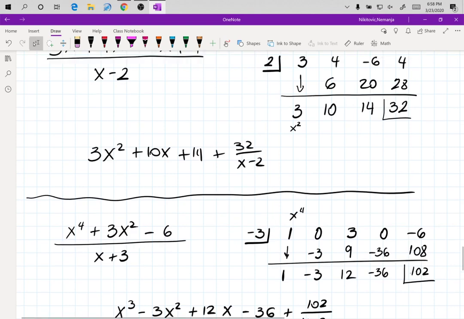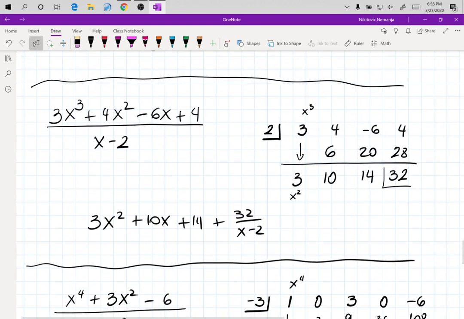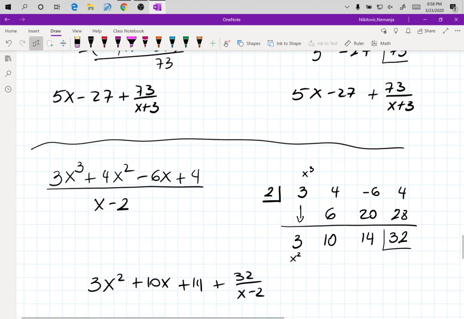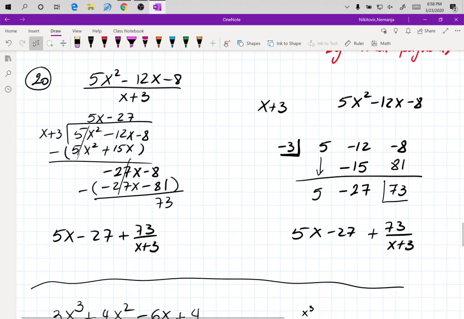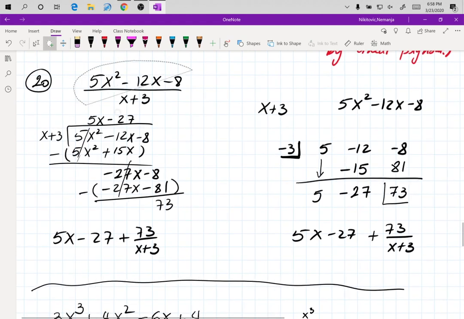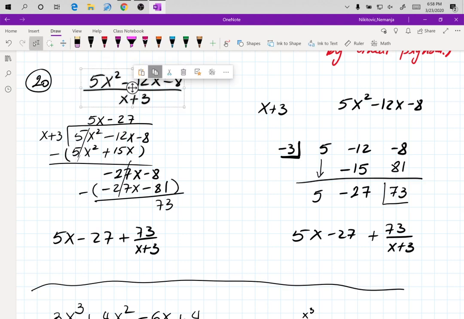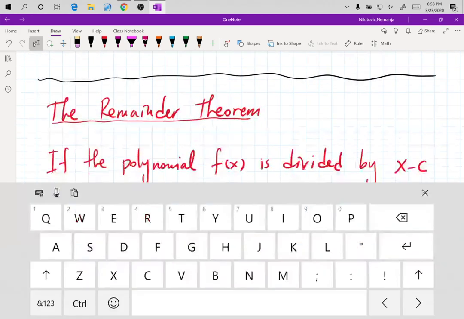So if you go back to, for instance, the previous problem, problem 20, we were dividing by x plus 3. So please copy this problem, 5x squared minus 12x minus 8.